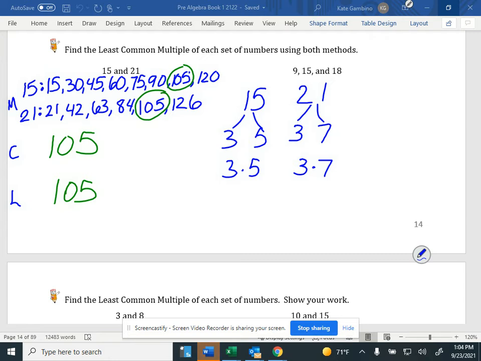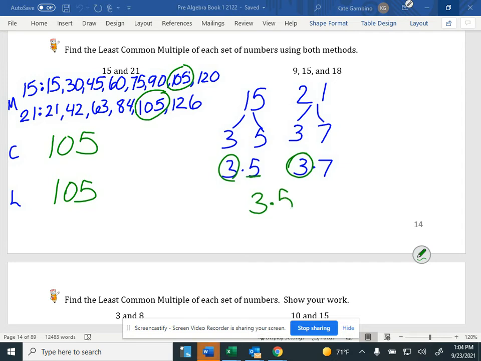What is my next step? Maddie? Finding the common prime. So we need to find our common prime. We've got a 3 and a 3. So I'm going to write 3 one time because they share a 3.